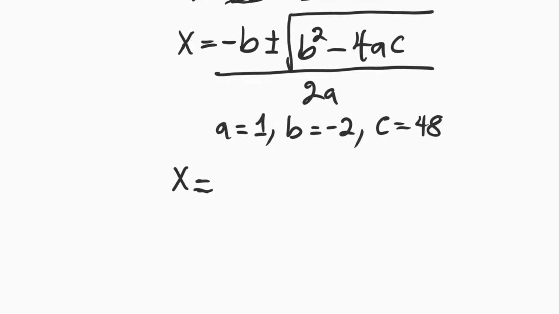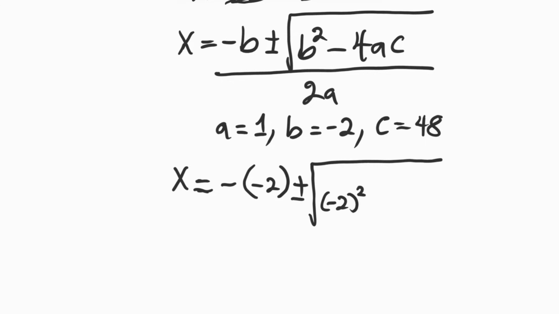And so we have minus into minus 2 because our b is minus 2, and we have plus or minus square root of b, which is minus 2 squared, minus 4 times a times c.